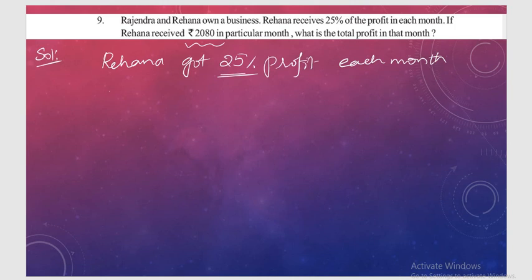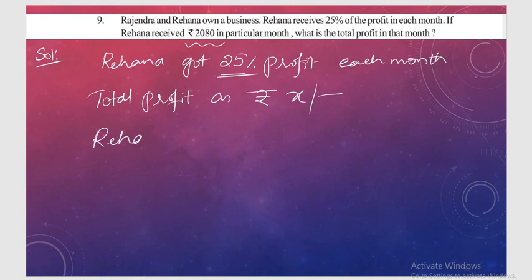That means let us consider the total profit as X rupees. So the total profit is X rupees. Now she got how much percentage? 25%, right? So Rahana's profit.